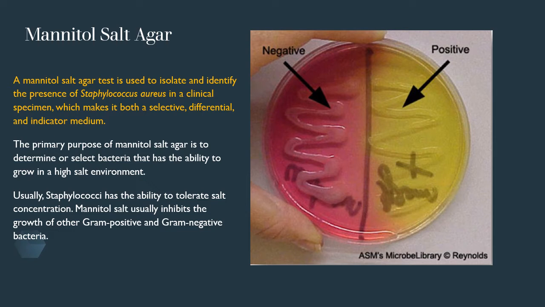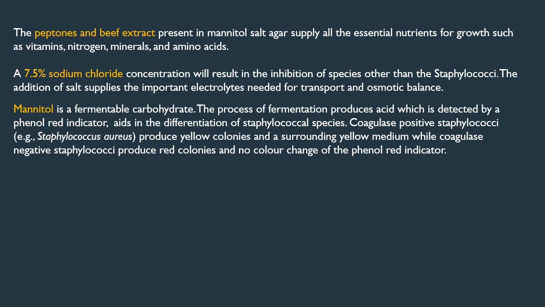Mannitol salt agar inhibits other gram positive and gram negative bacteria, so you can selectively isolate Staphylococci, or detect the presence of Staphylococci in your sample. The peptones and beef extract present in the mannitol salt agar supply all the essential nutrients for growth such as vitamins, nitrogen, minerals and amino acids. So all the nutrients are supplied by peptone and beef extract.